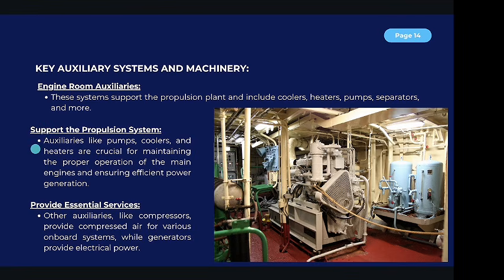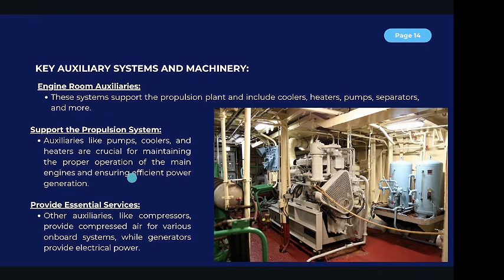So this is to support the propulsion system. Auxiliaries like the pumps, coolers, and heaters are crucial for maintaining the proper operation of the main engines and ensuring efficient power generation.